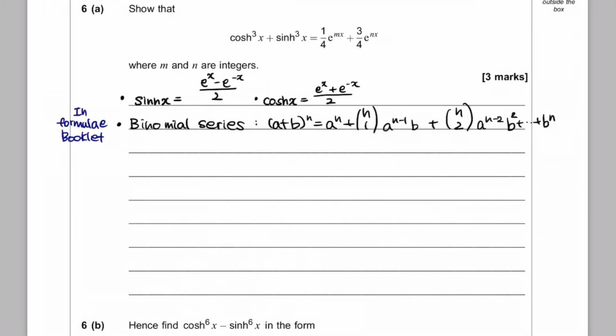For this question, you first have to know the definition of the hyperbolic function, which is written in the first line here. And then you also need to know, but not memorize because it's in the formula booklet, about the binomial series.